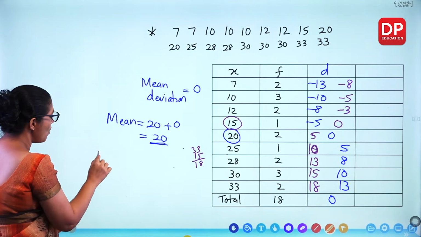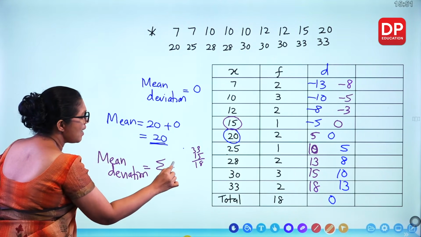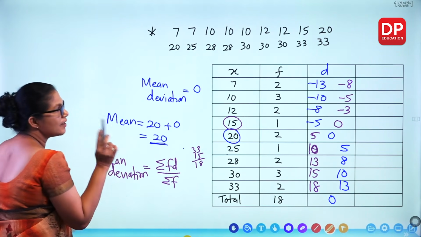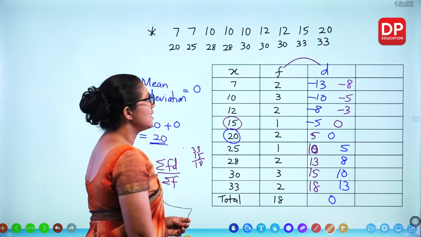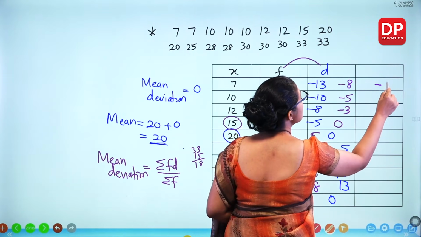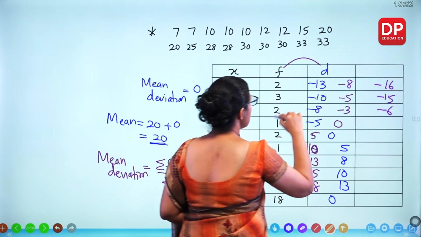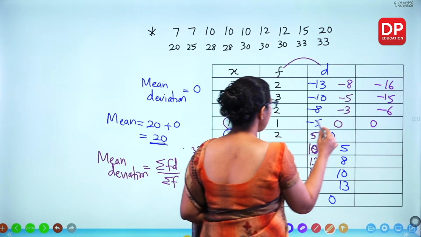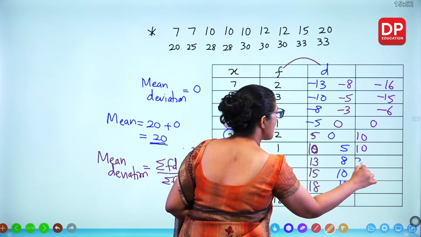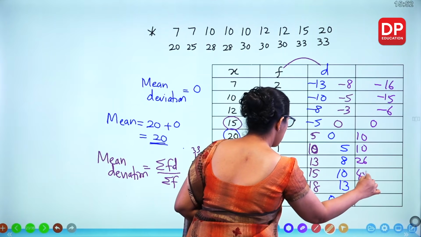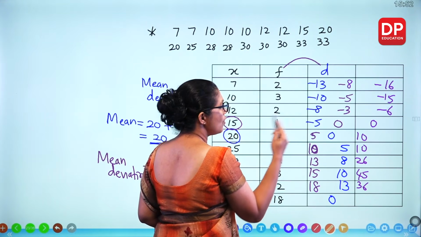Mean deviation now becomes sigma FD over sigma F. You need to find the multiplication between these two, F into D. Minus 8 times 2, minus 16. 3 times 5, minus 15. 2 times 3, minus 6. 0 times this is 0. 5 times 2, 10. 10 times 1, 10. 13 times 2, 26. 15 times 3, 45. 18 times 2, 36.